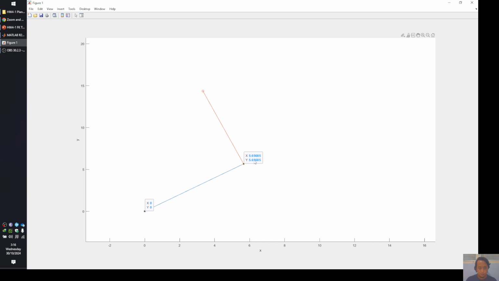The position is 5.65685, and y is the same as x. This is the position, and then for the end effector we have this position.